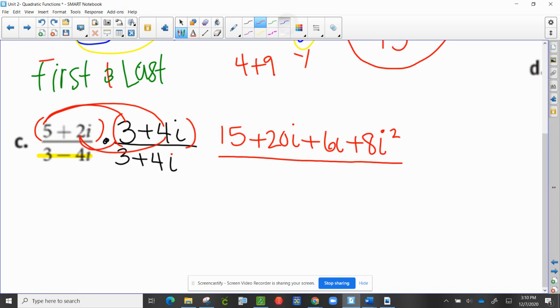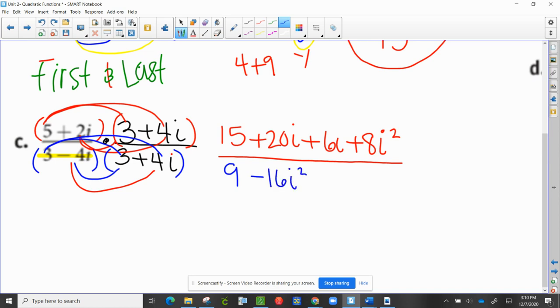So there's my numerator. My denominator, we have to FOIL this out. We have 3 times 3, so that's 9. This is going to give me 12i, but then I just subtract it right away, so that cancels, so I don't really have to worry about it. But I do need to worry about negative 4i times 4i, which is going to give me negative 16i squared.